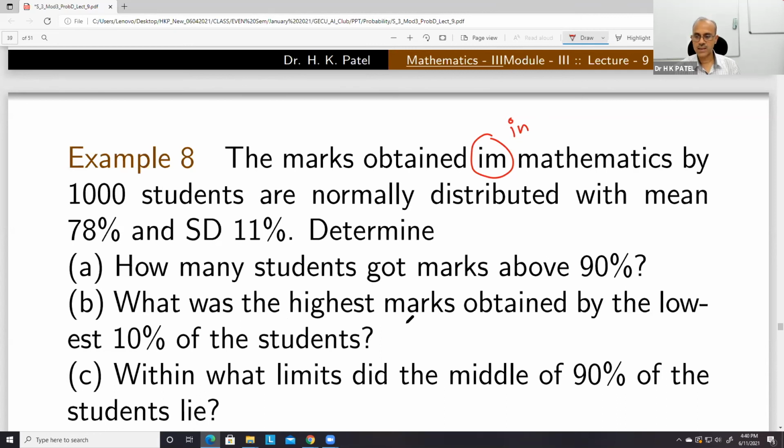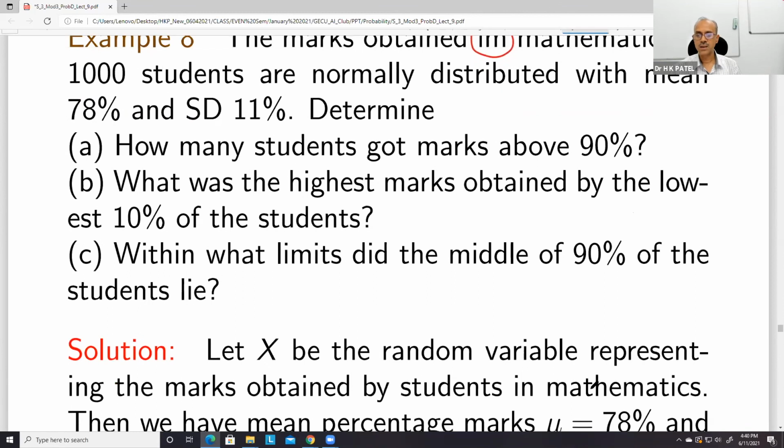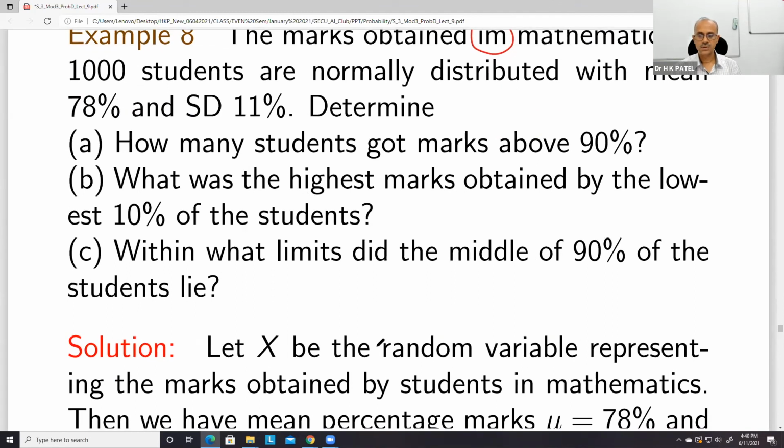What was the highest mark obtained by the lowest 10% of the students? And within what limits did the middle 90% of the students lie?